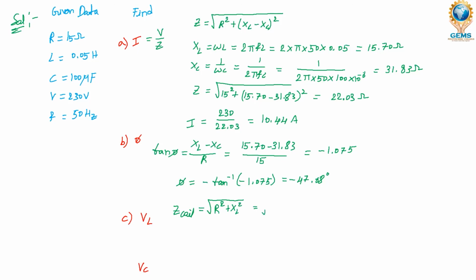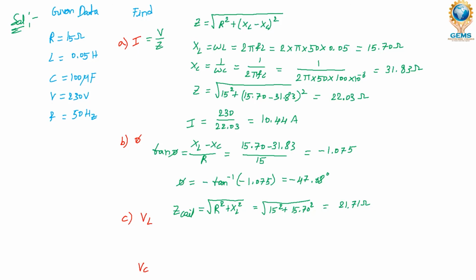We will get square root of resistance 15 square plus XL 15.70 whole square. We will get impedance 21.71 ohm.